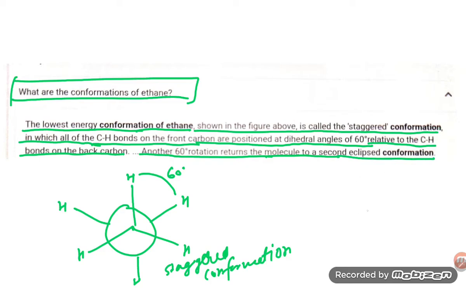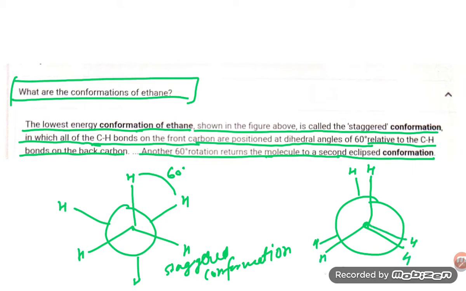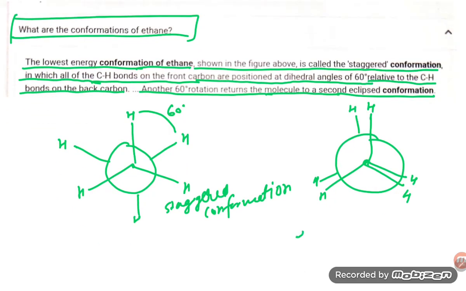If you rotate the front carbon by 60 degrees, you will find that all the hydrogens are close. This kind of unstable conformation is known as the eclipsed conformation.